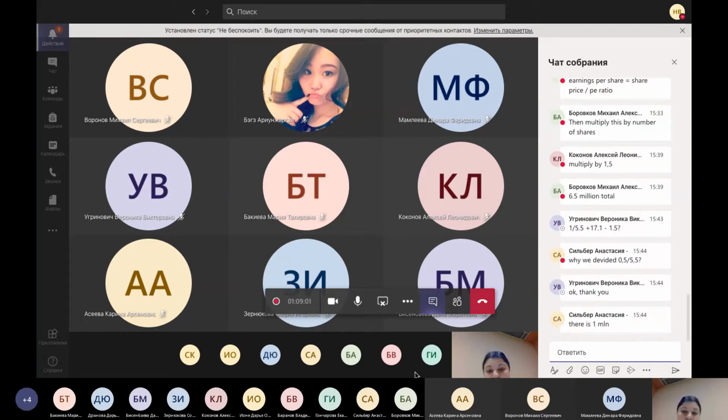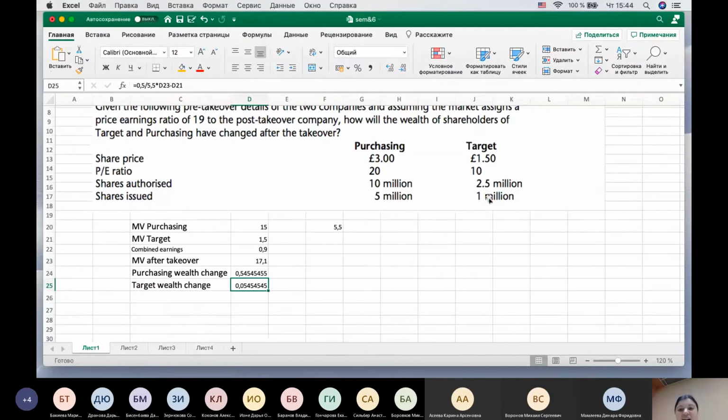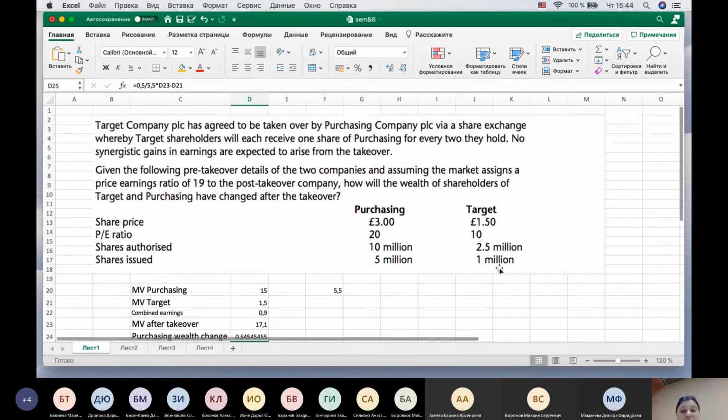Nastasia, let's repeat again, just a second. There is 1 million old shares of the target company. But after the takeover, 2 shares of the target company will be transformed to 1 share of the purchasing company.